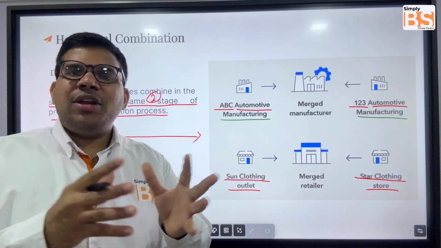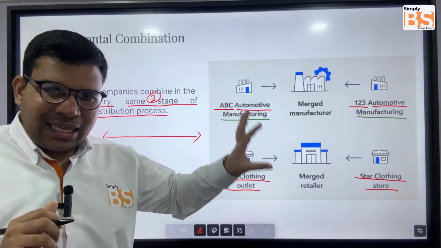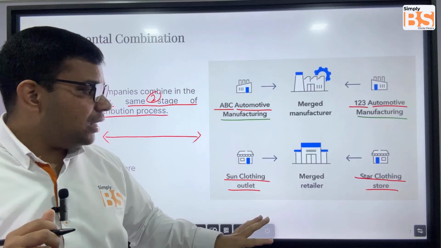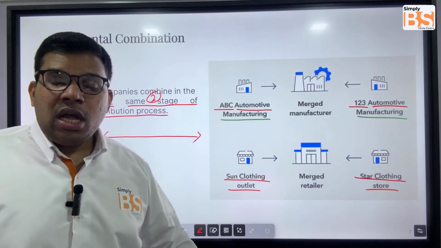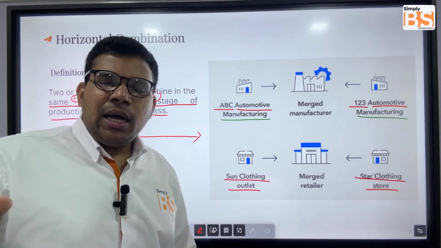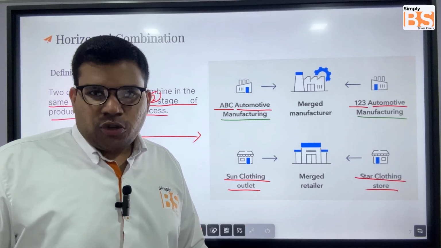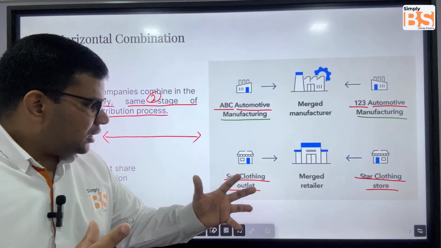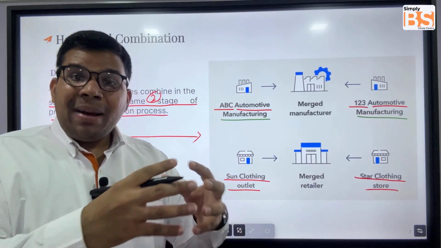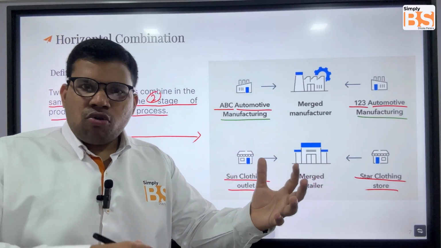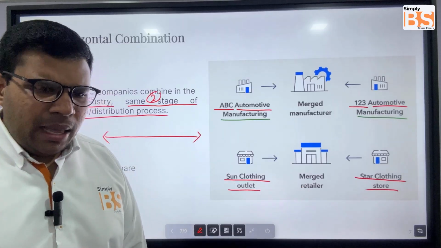Both companies, Sun and Star, are in the same industry, clothing, and following the same business activity, which is the retail stage. Now, if Sun Clothing and Star Clothing combine together through a merger or an acquisition, we can call it a horizontal combination.